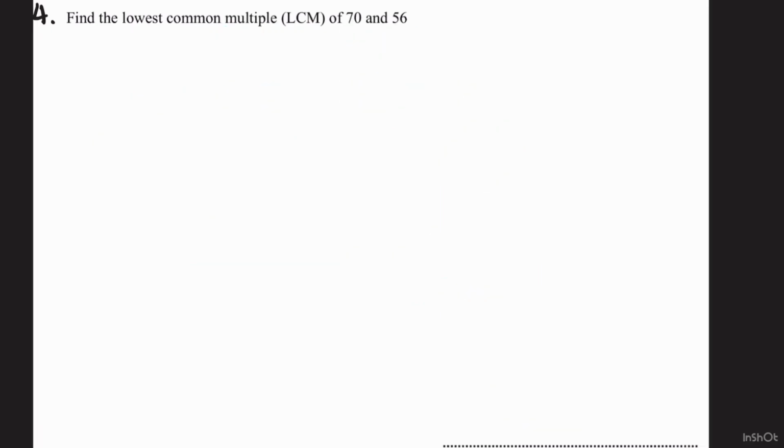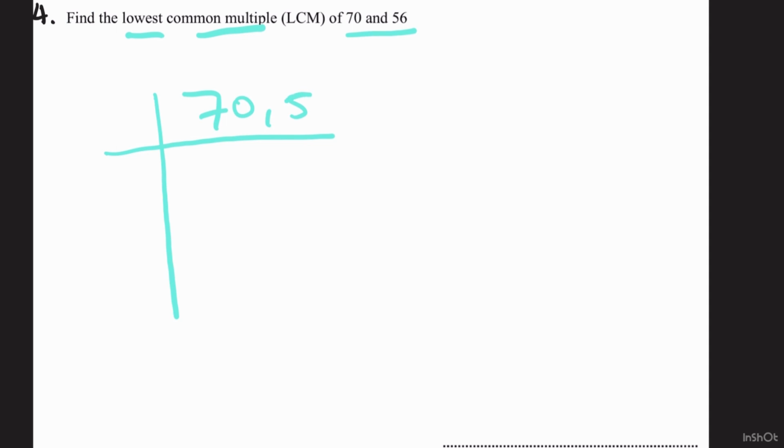Now we move on to question number 4. It's asking us about the lowest common multiple of 70 and 56. So once again, we'll draw the grid. We'll write 70 and 56. It doesn't matter what order you write the numbers in, it's fine. Now let's see what numbers go into 70 and 56.